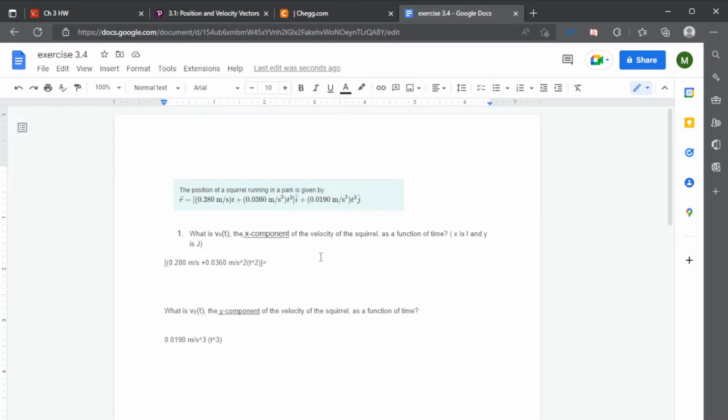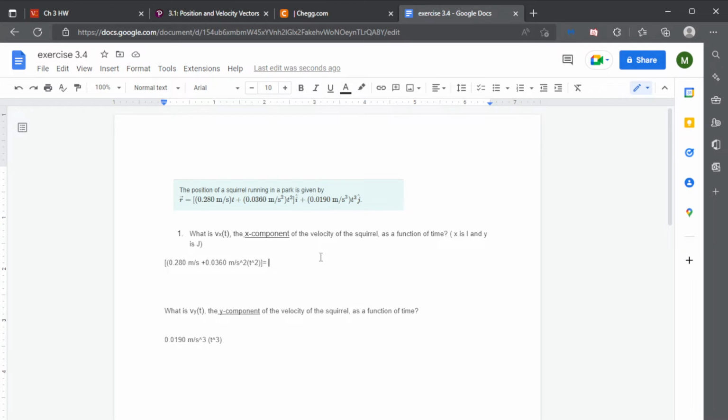So bracket 2.80 meter over seconds plus 0.036 meter over seconds square, and there's a t over here, so we're going to put that t square.